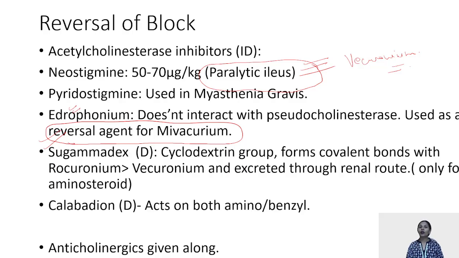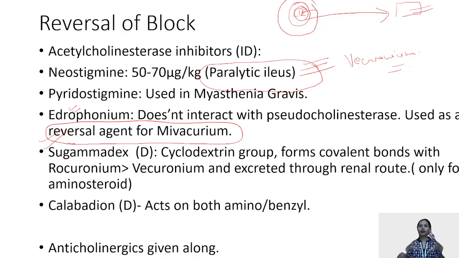Sugammadex is a direct acting reversal agent. It is a cyclodextrin. It takes the muscle relaxant into it, forms a complex, and the whole complex gets excreted renally. This is how sugammadex works. It forms covalent bonds with your skeletal muscle relaxants.